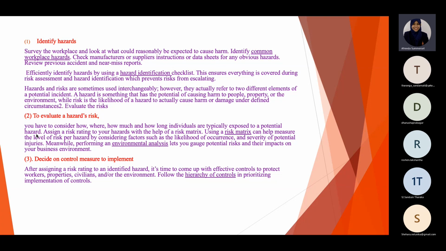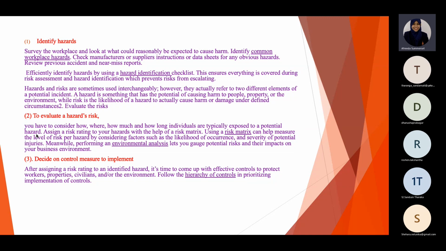How long are you being exposed to the laptop screen? Is it extremely like 2 to 3 hours at a stretch? Or let's say that you're working with a toxic or cancerous chemical. How long are you getting exposed? Are you using this chemical every day? For how many hours? Is it every other week or every other day, every other month? You need to know. So risks and hazards are very, very important, how you identify and how you evaluate them.